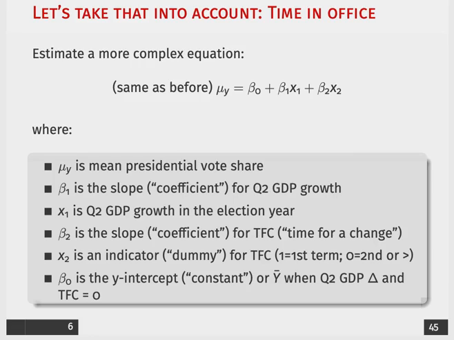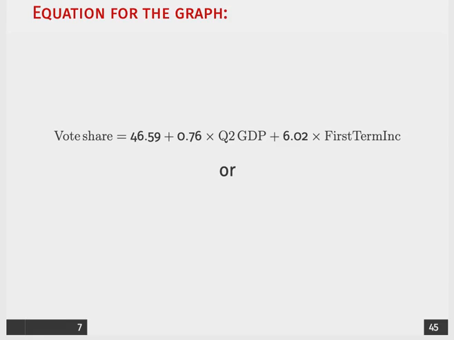So when both x1 and x2 are equal to 0. We can then write out our regression equation. Let's say we get some estimated coefficients from a regression model where our y-intercept is 46.59, beta 1 is 0.76, and beta 2 is 6.02.